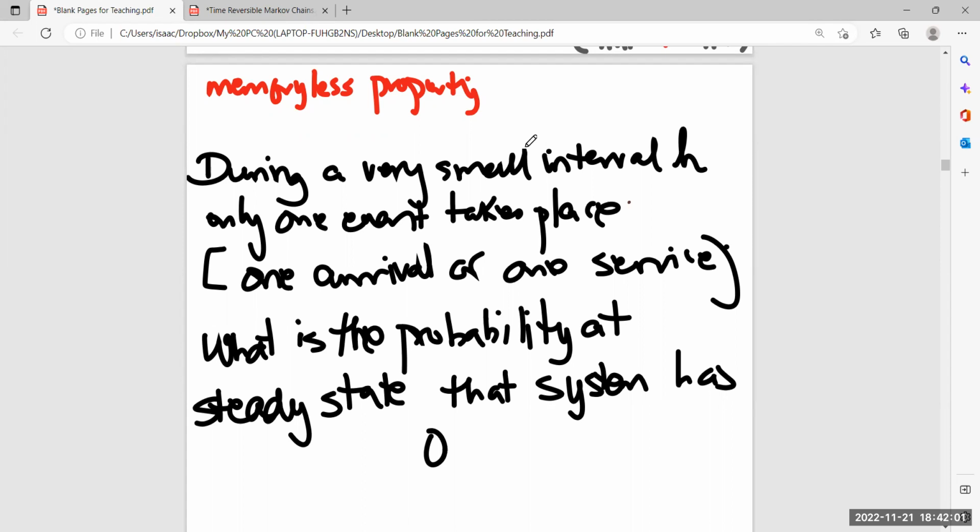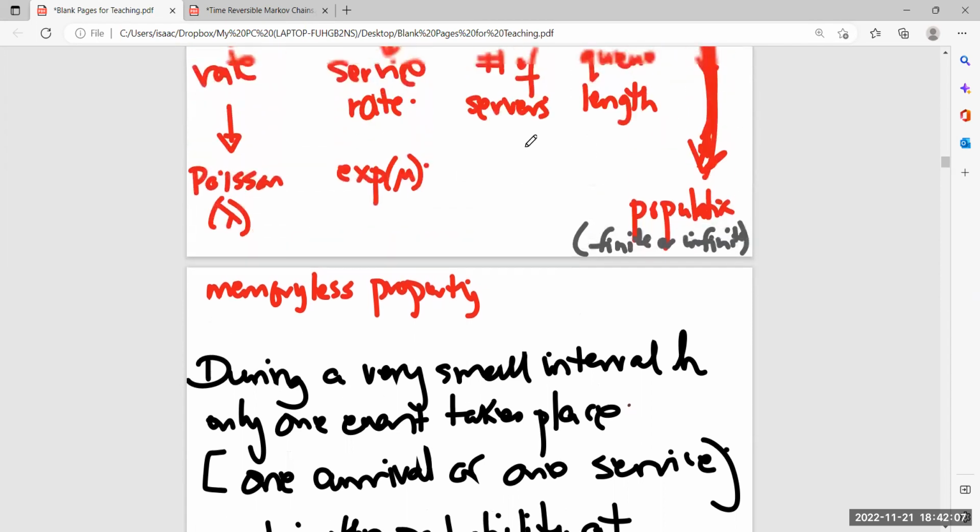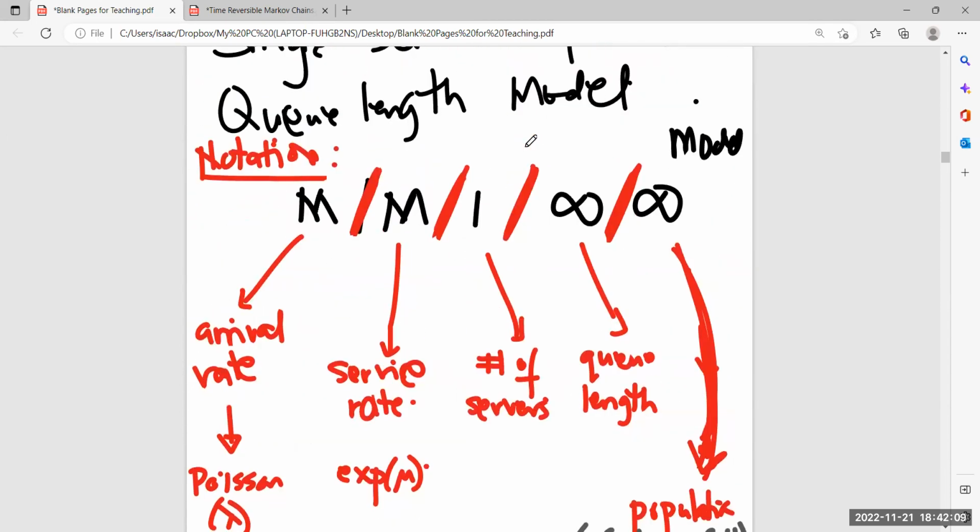In the general trend of queuing theory, you have one line, and this is the basic notation.